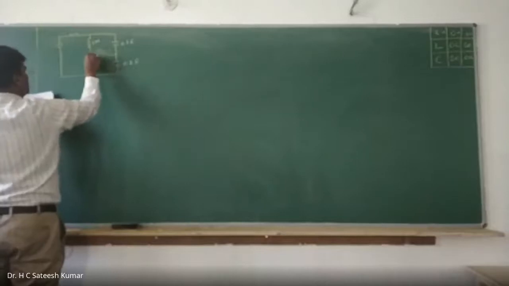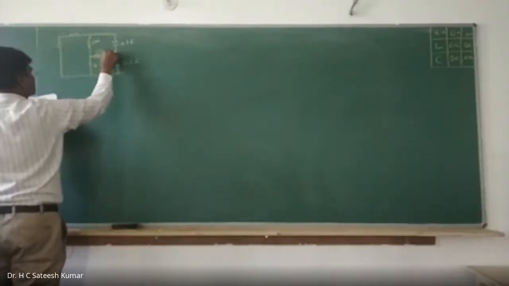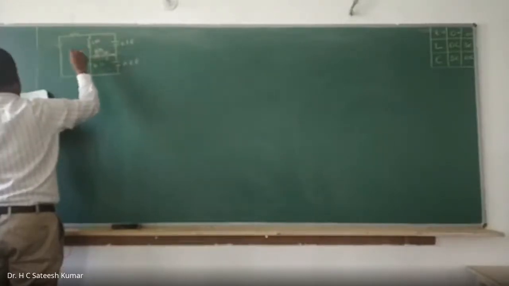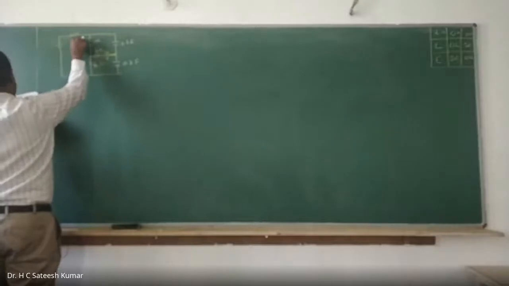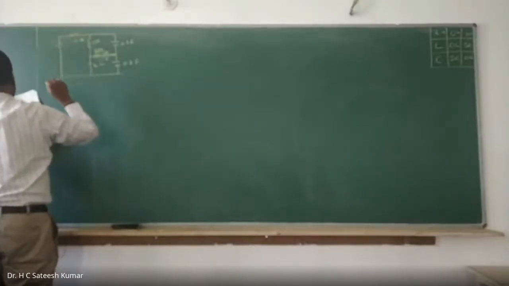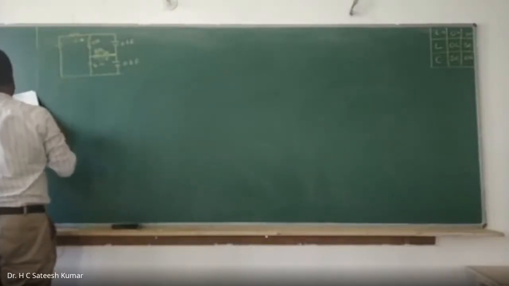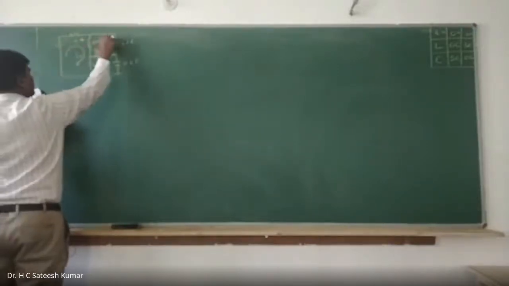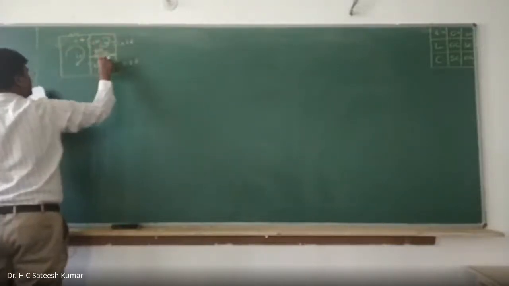One resistor, then there is a switch. Closing switch here. This is 5 ohms. This is 1 ohm. Here it is called I1, this is I2, and this is I3.